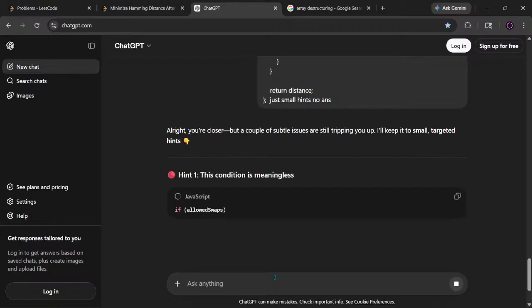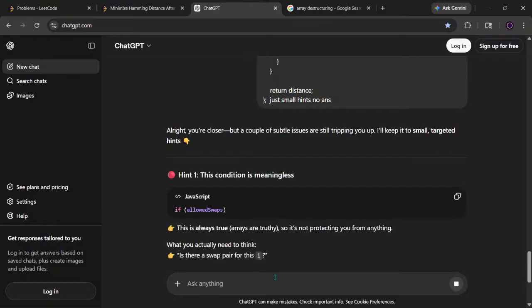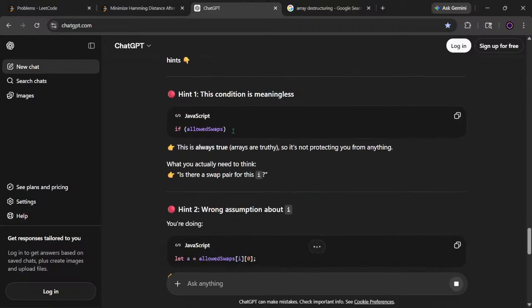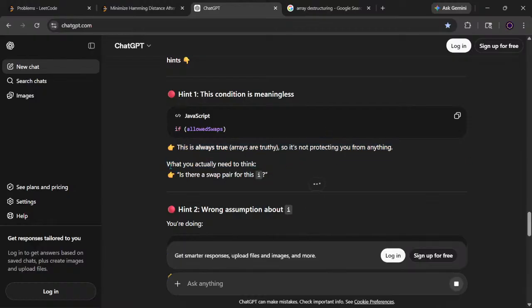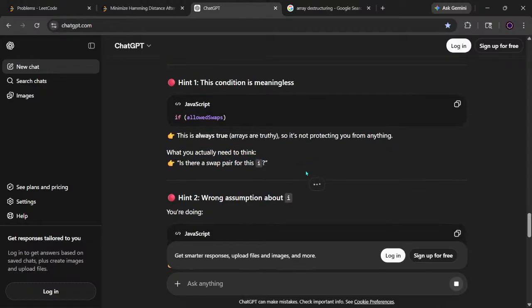You're closer. Issues are still tripping up. I will keep it small and targeted. Condition is meaningless. This is always true because array is always true, not protecting you. What you actually need is to think: is there any pair of I?